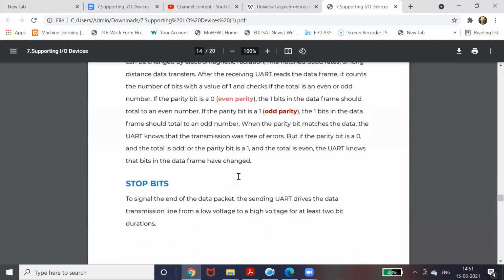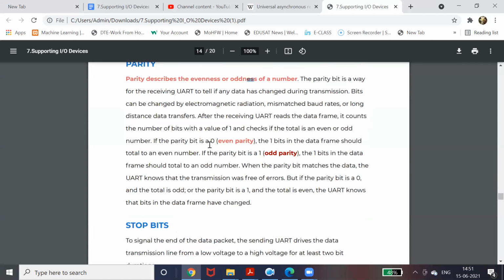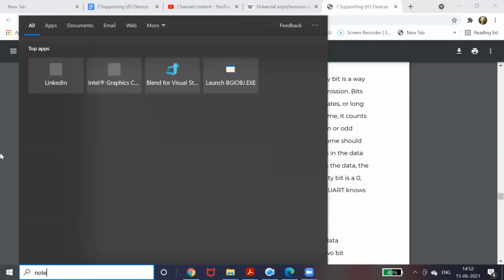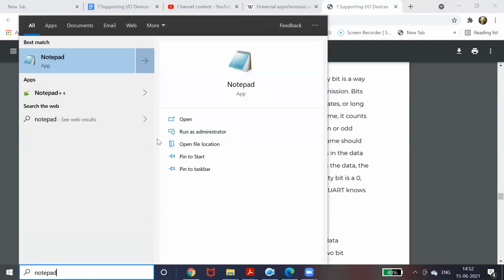We will see an example later. Suppose the number of ones in the actual data is odd, then the parity bit will be set as an odd bit. If the number of ones is even, then the parity bit will be 0. Okay, let's see one example, then you will understand better.